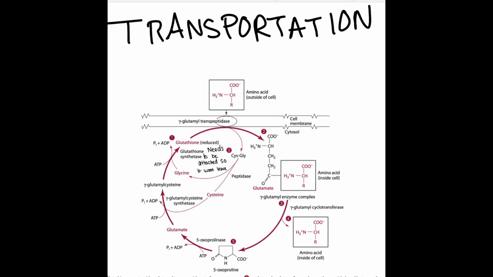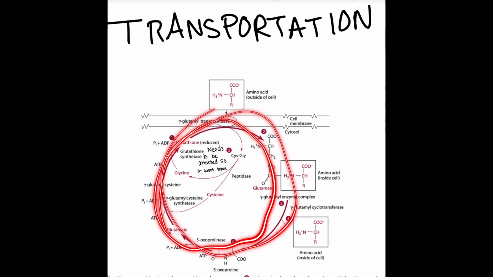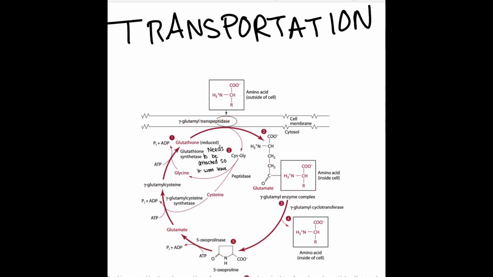So one of the first steps that we see in this big circle that's very intimidating is that we're adding a group to our amino acid. That group is just ensuring that the amino acid doesn't float back out of the cell.